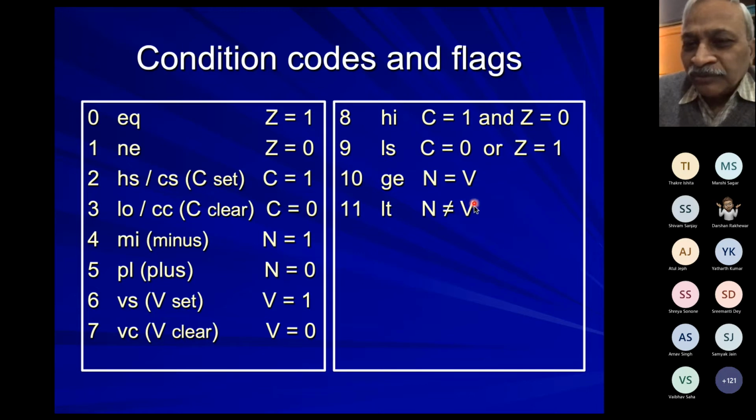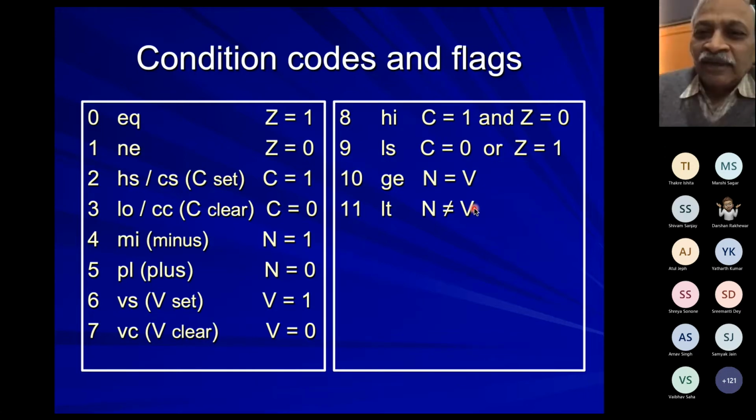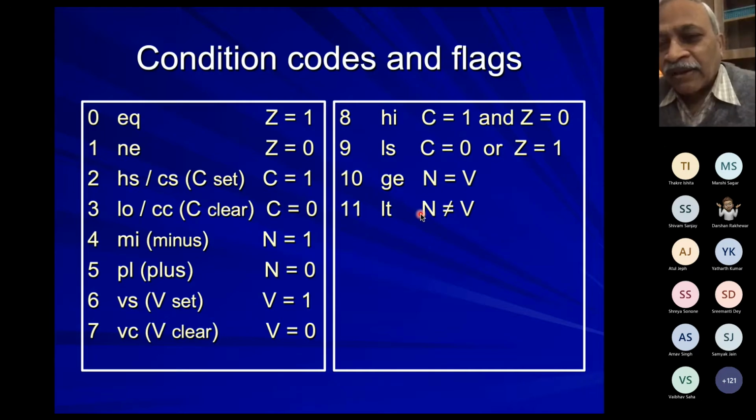There is no overflow. You have performed a subtraction of signed numbers. There is no overflow, and if N is 0, then it indicates the greater than equal to condition. No overflow and not negative, so that means greater than or equal.